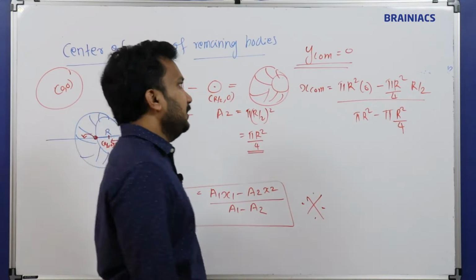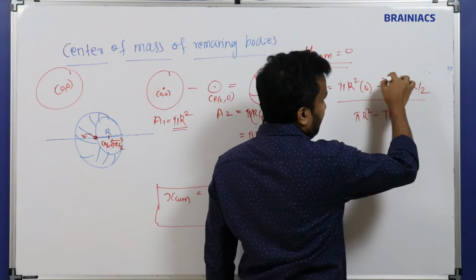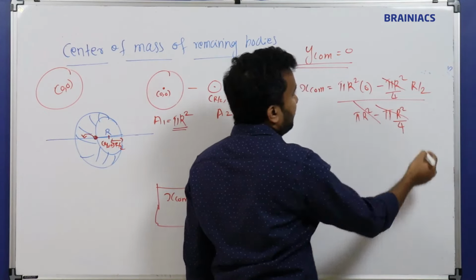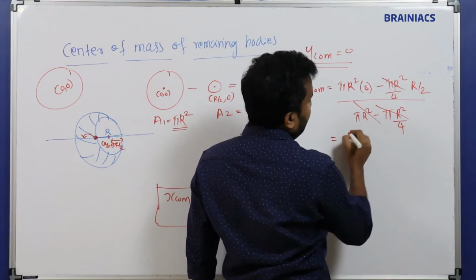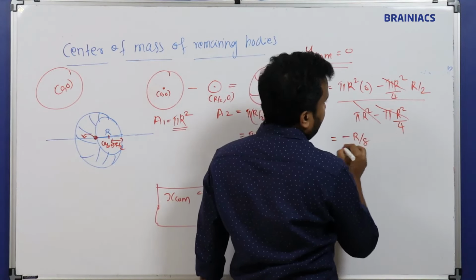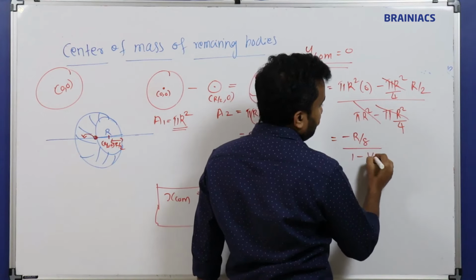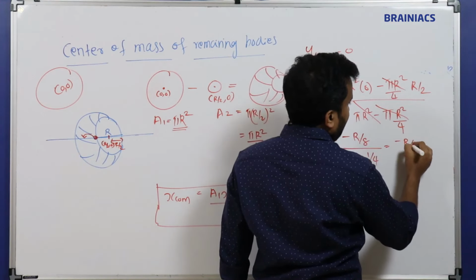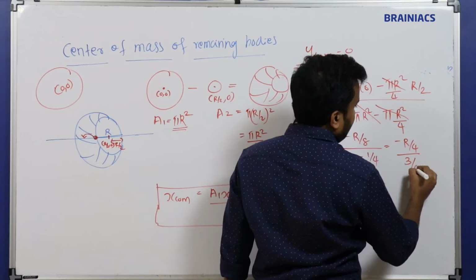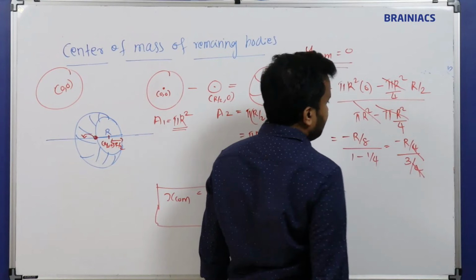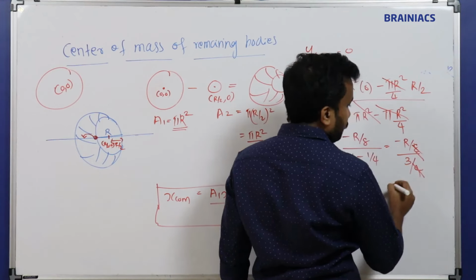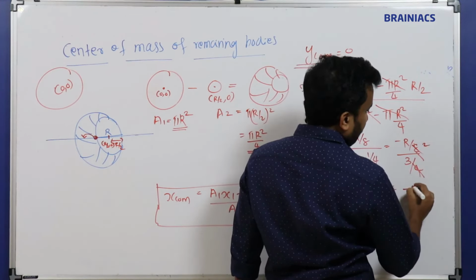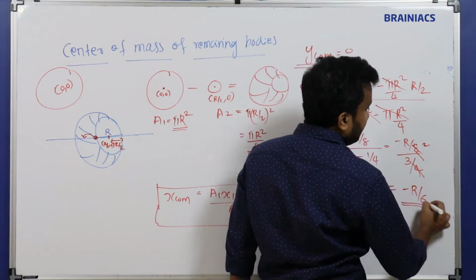Throughout, pi r square cancels. So in the numerator we have minus r/8. Denominator is 1 minus 1/4, which is 3/4. So this 8 will get cancelled, and 2 will be balanced. So minus r/6. What does minus indicate?